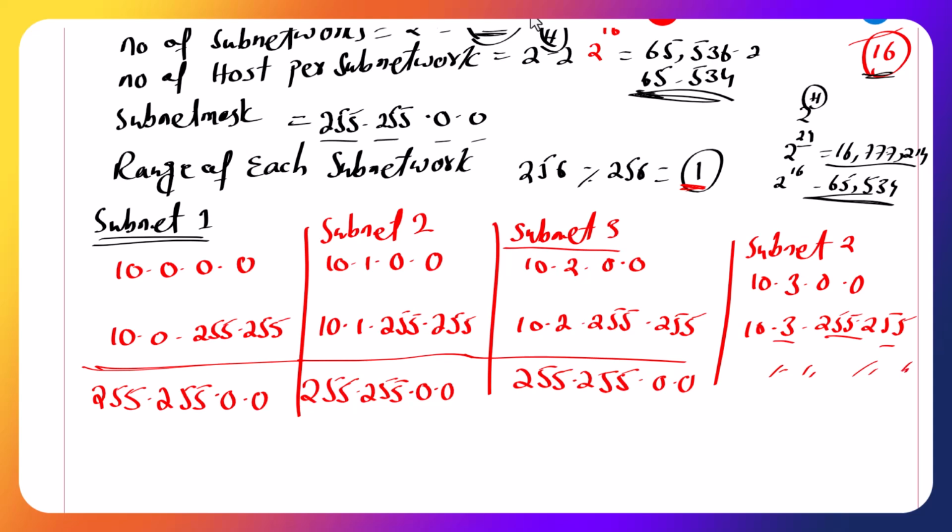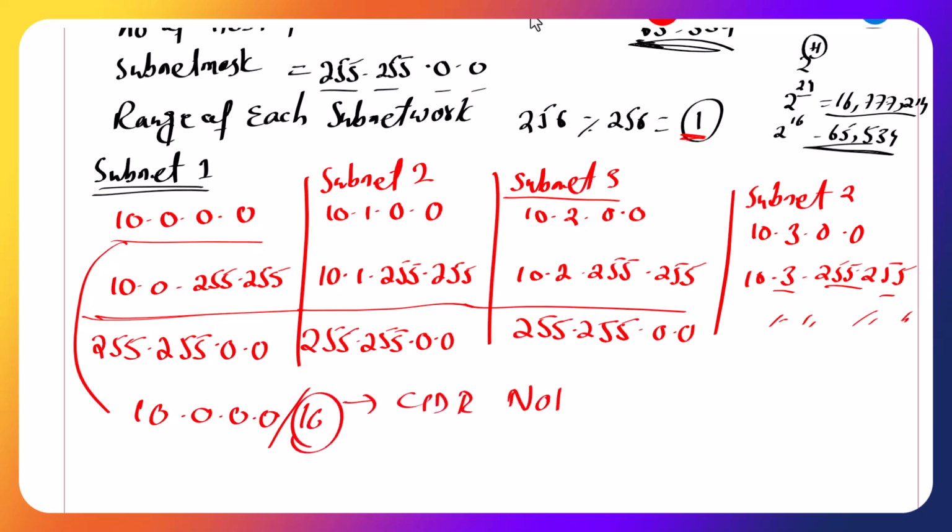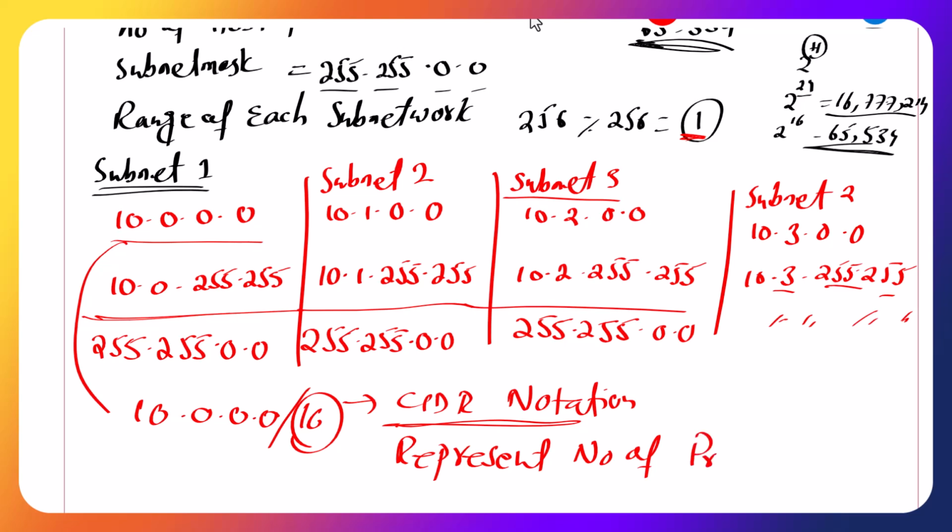So class A subnetting, CIDR value. Okay, let's talk about CIDR value. What will be the CIDR value of this address? It's 10.0.0.0/16. This is called CIDR notation. CIDR notation represents the number of prefix bits.